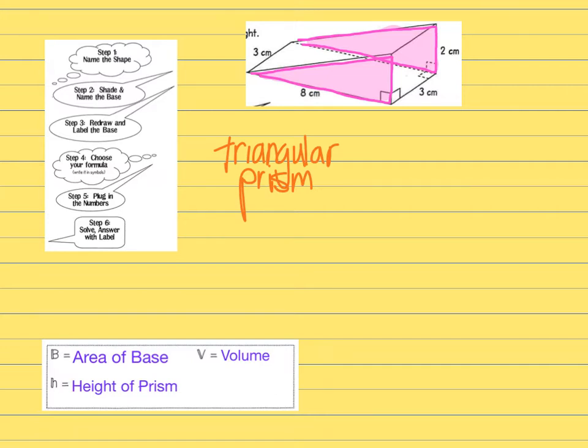So no matter what prism you're doing, the formula is always V equals BH, or I'm sorry, V equals capital B H. And then remember, capital B means area of the base. For us, the base is a triangle.